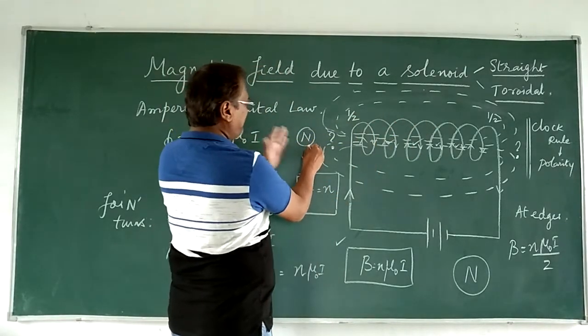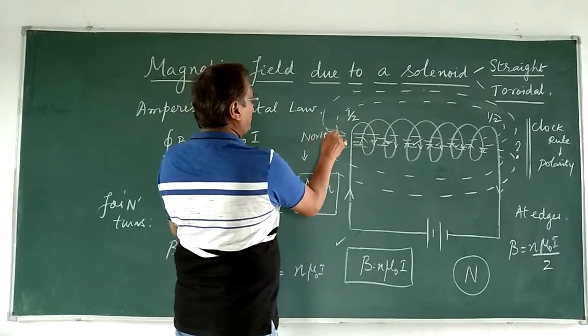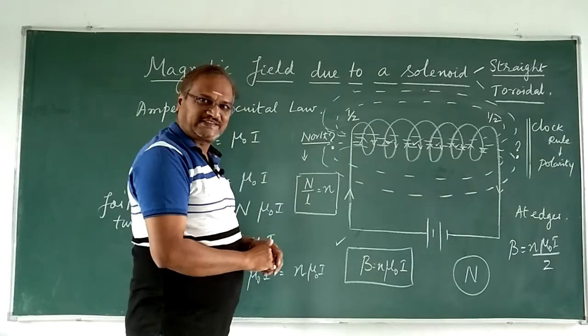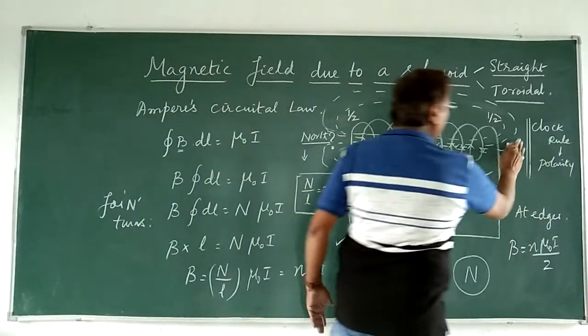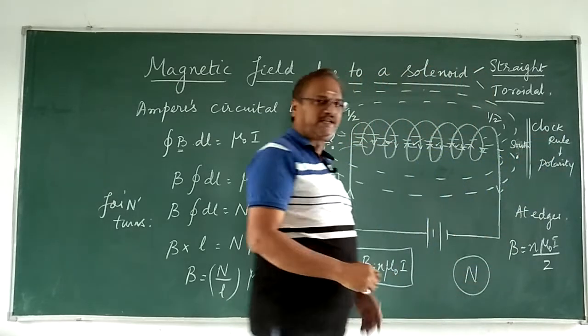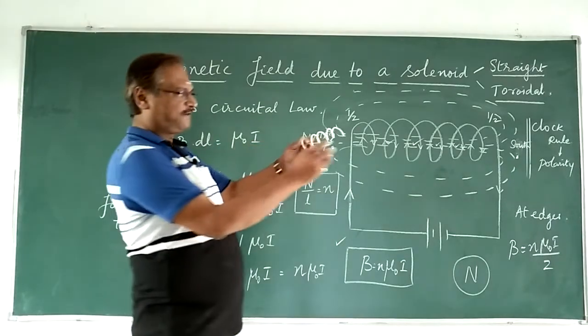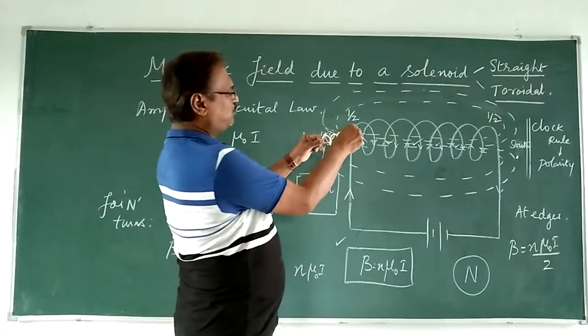Actually, here I have written capital N. This I can modify into north pole. Yes, and naturally, if one is north pole, the other will ultimately be south pole. You need not worry, right? We have to take the solenoid, and current is flowing through the solenoid.